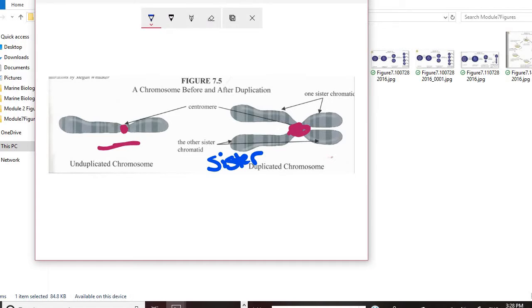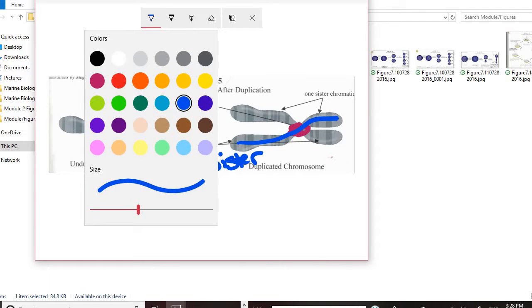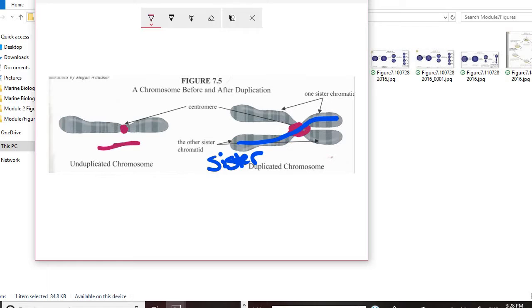So this would be one of the sisters, and I'll draw the other one with a different color. This would be the other sister, and they would be identical to each other. So this one gets duplicated, and you have two copies that are exactly alike. Okay, so that's typically what we think about a chromosome looking like.